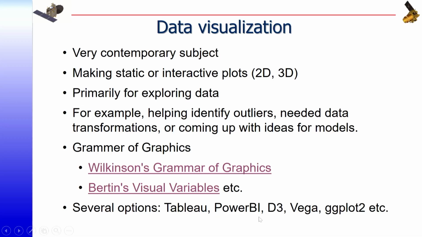Then, in the open source domain, ggplot2 has been very popular for a very long time. Then, in the web domain, if you want to visualize data on the web, D3 and its things in different programming languages like JavaScript and Python are also very popular.